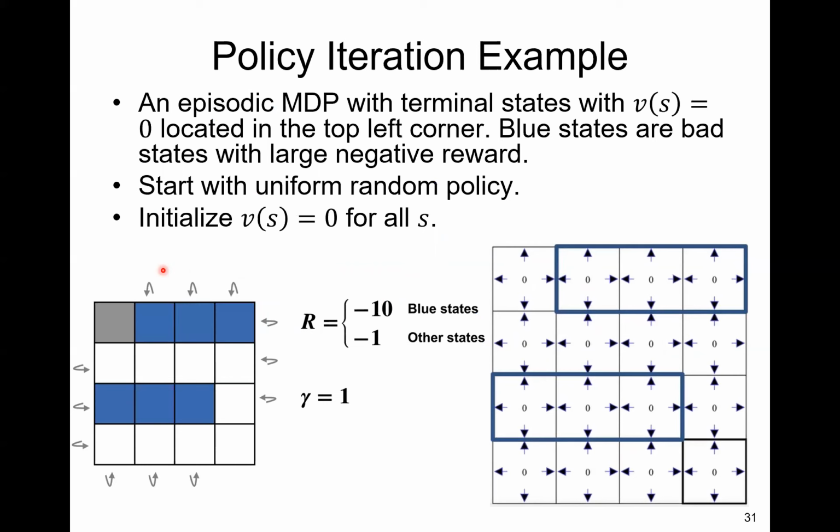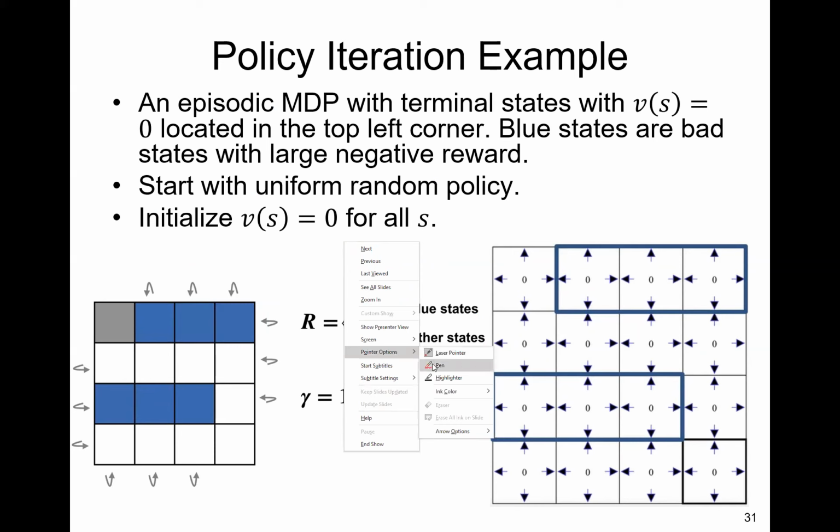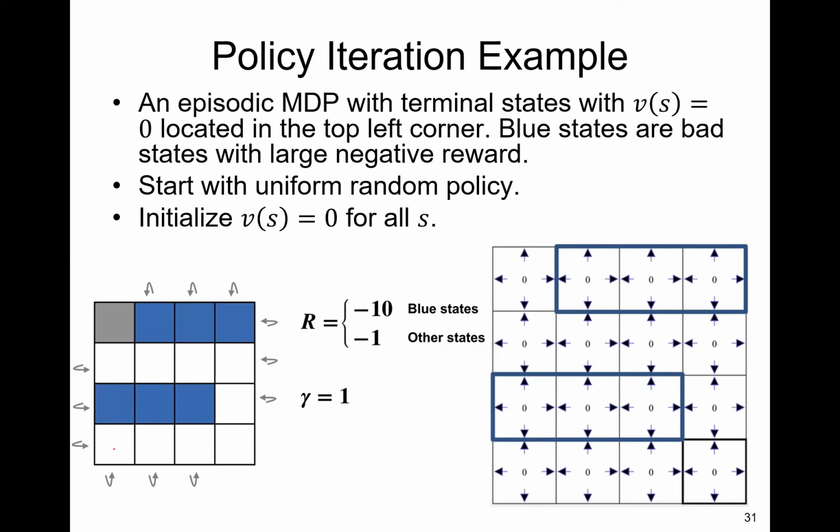So this is the example where you have a -10 in the blue states and -1 in other states. And the ideal policy should be pointing in this direction.